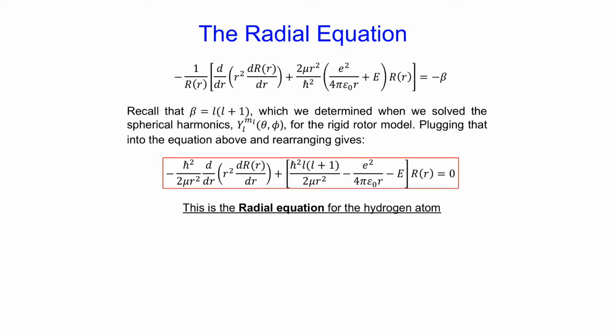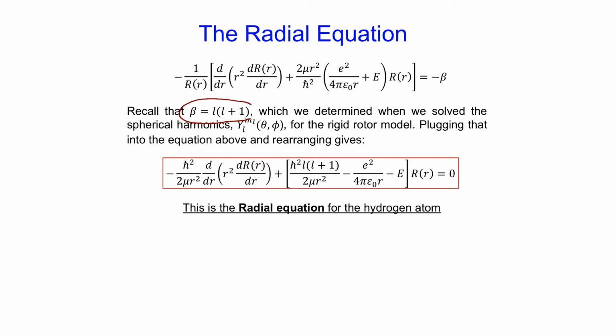Okay, so let's zero in on this radial equation. We have one feature here that, because we've already solved the spherical harmonics, we already know the value for beta.